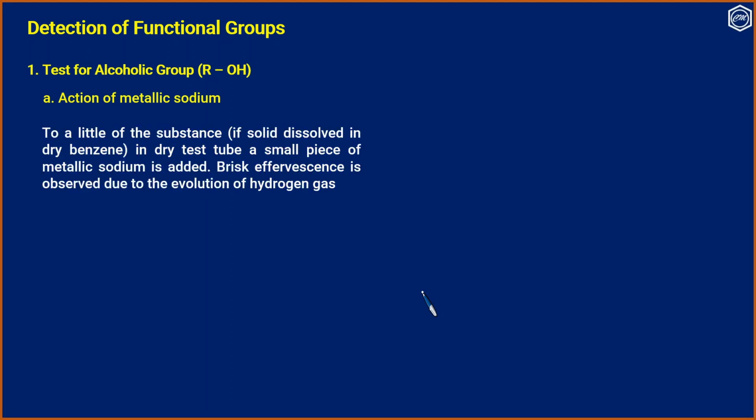Alcohols react with metallic sodium and liberate hydrogen gas. To a little of this substance in a dry test tube, a small piece of metallic sodium is added. If the given substance is a solid, dissolve it in dry benzene.